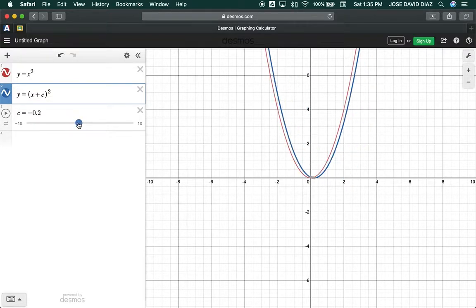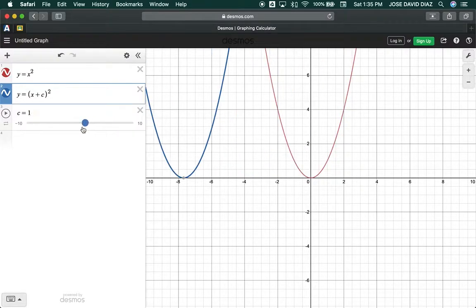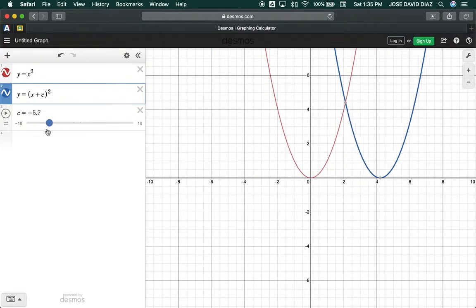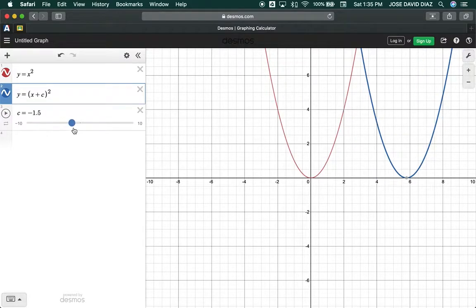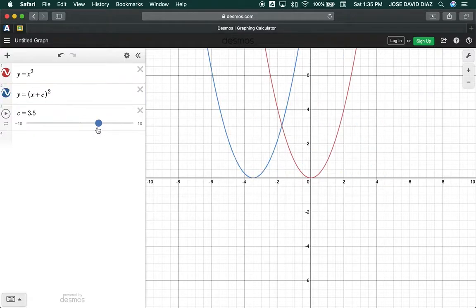And what happens if it's positive? It moves to the left. If it's negative, it moves to the right. So those are just horizontal and vertical shifts. In this case, positive moves it to the left, negative moves it to the right.